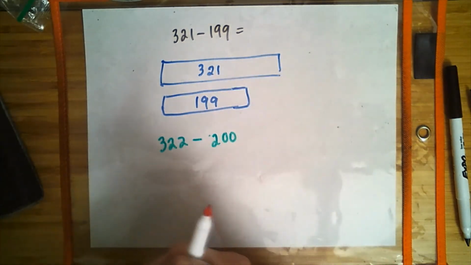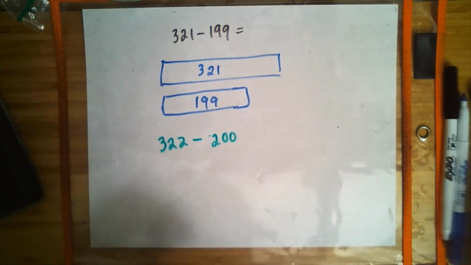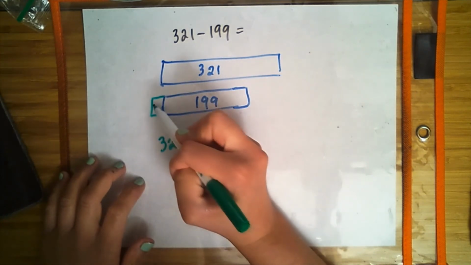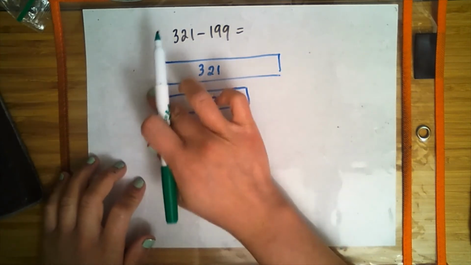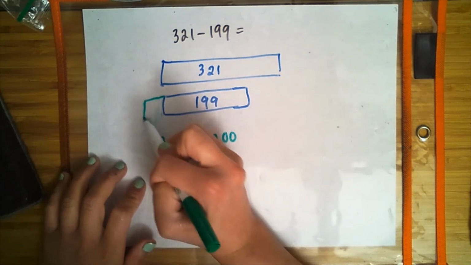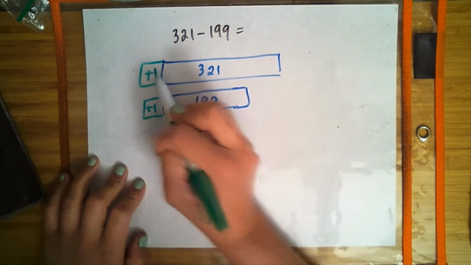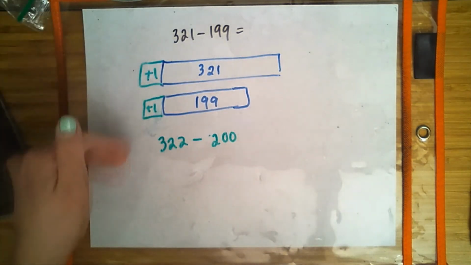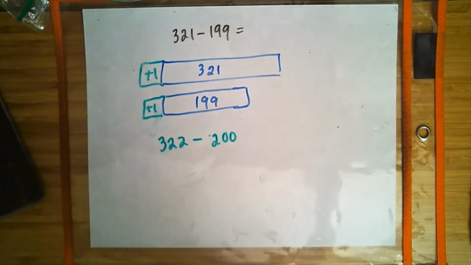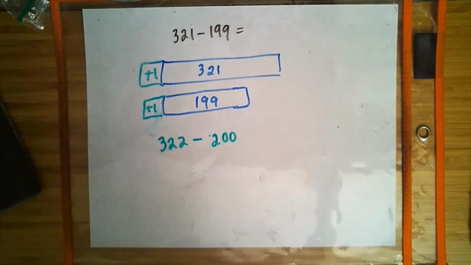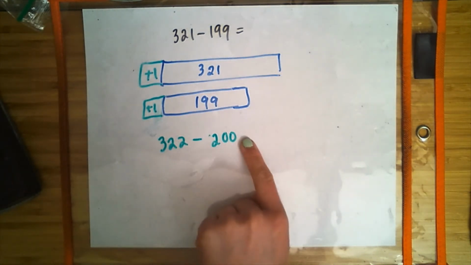We had to compensate that with adding 1. We compensated by adding 1 to both the top bar and the bottom bar, which represents our whole and our part. That's easier, don't you think?